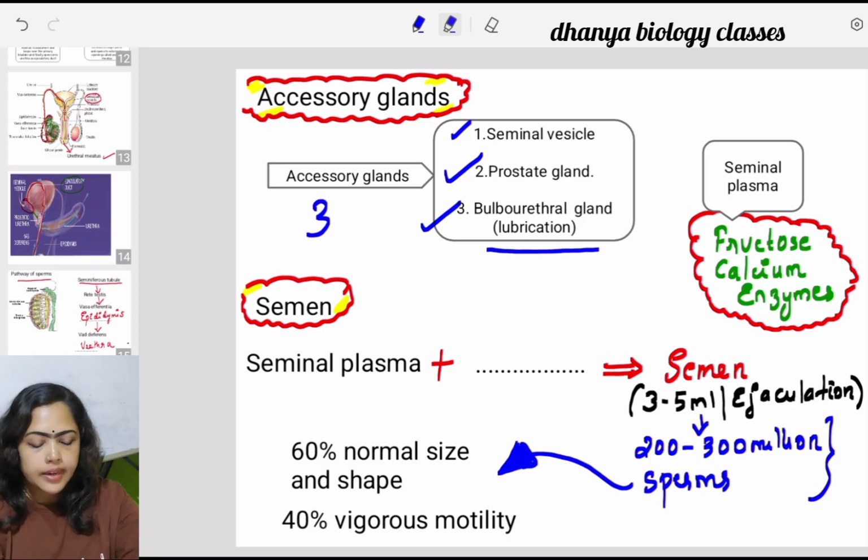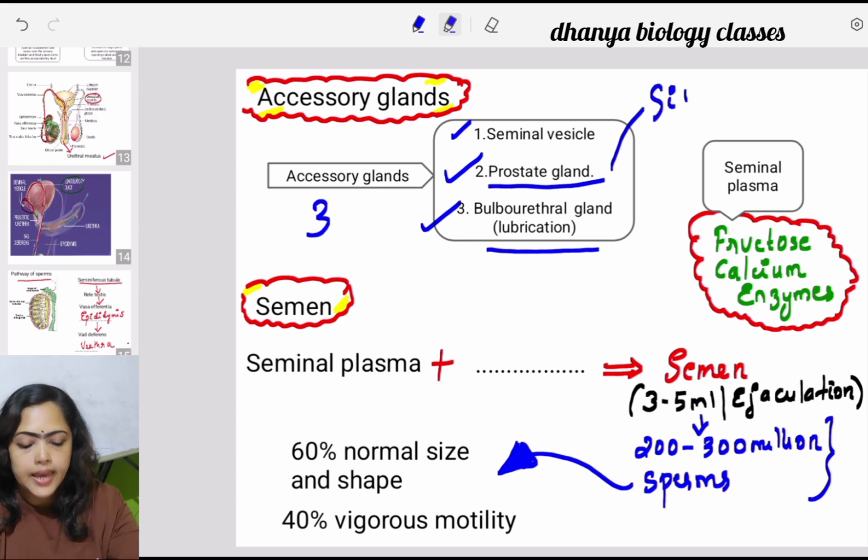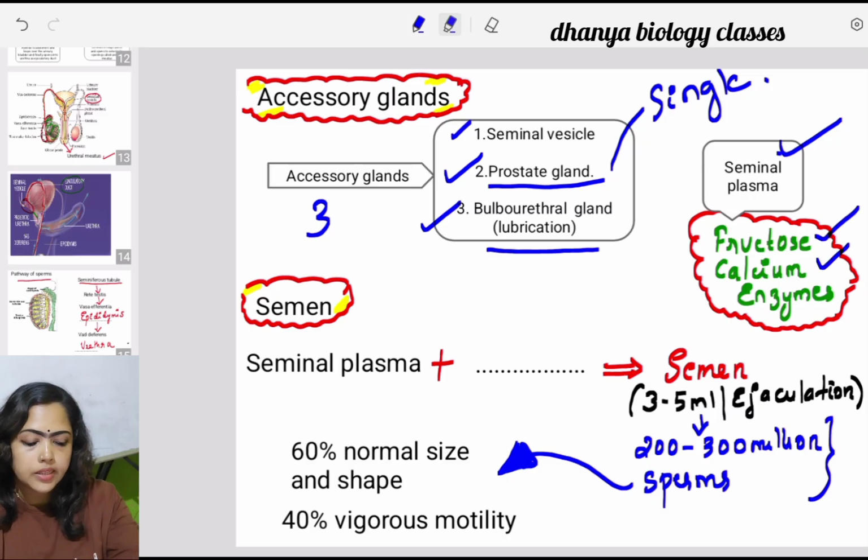The seminal vesicle and bulbourethral gland are paired, while the prostate gland is single. Then the entire secretions from these accessory glands are called seminal plasma, which carries fructose as energy source, then calcium, which plays an important role in sperm motility, and different enzymes which help in fertilization.